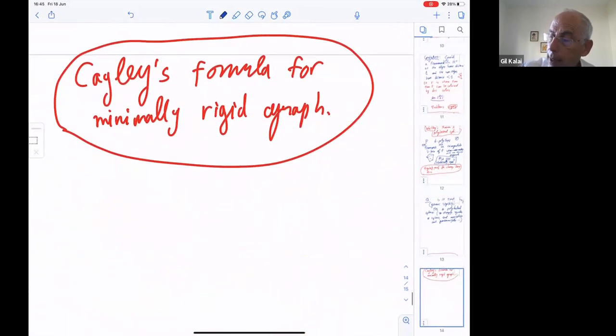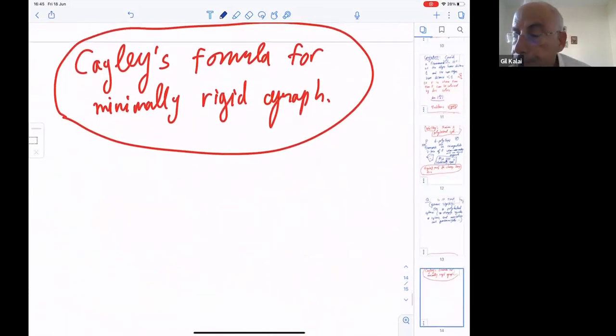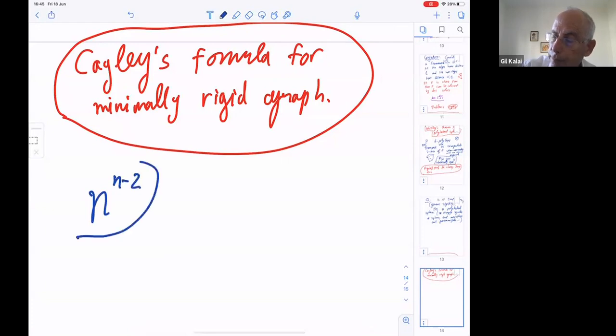So let me mention another problem, which is: is there a Cayley-type formula for minimally rigid graphs? So we know that the number of labeled trees is n to the power n minus 2. Now, a famous way to prove a Cayley formula, although not the simplest way, is to look at the following.